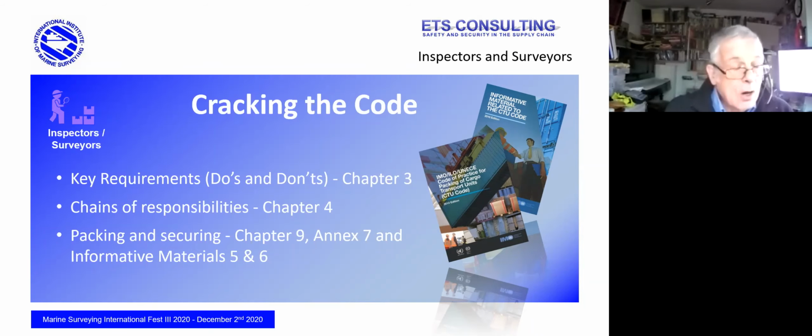And these are all essential reading for packers and for the surveyors and inspectors who are confirming that the work has been done, or checking to see that it has been done, or during inspections following an incident, identifying what they haven't done wrong. So it is a very important document.